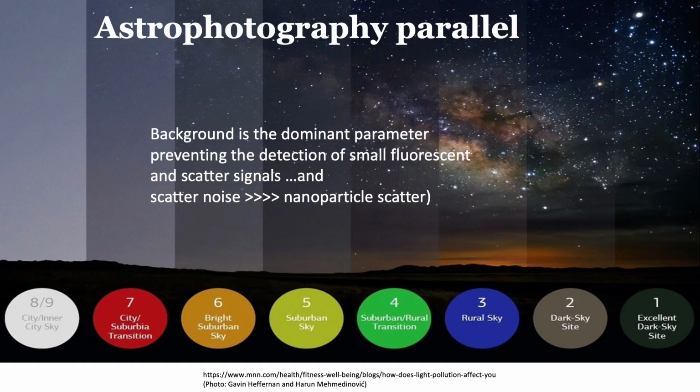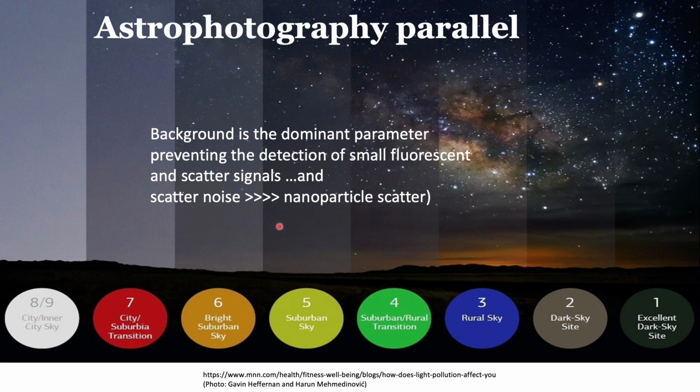And noise is as important when it comes to resolution of signals as the quality of the lenses and the sensitivity of the instrument as a whole. And I think this is a perfect example to understand how important noise is. Imagine if you were living in a city center, the amount of light pollution that you get will stop you from being able to see the Milky Way and the stars.